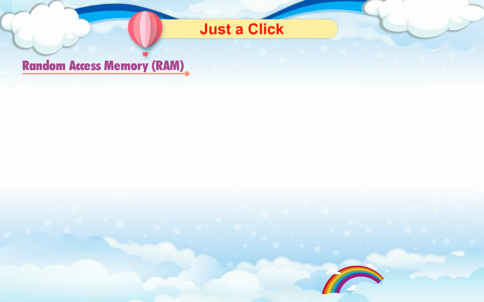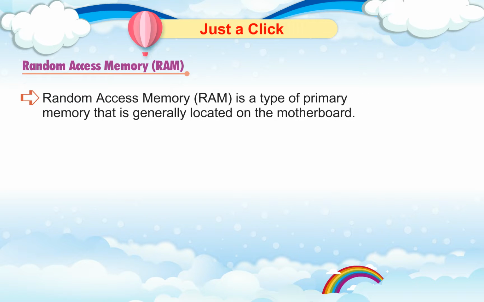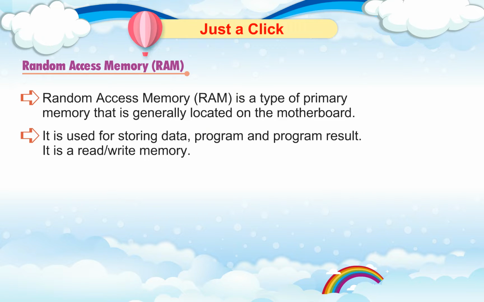RAM, random access memory. Random access memory is a type of primary memory that is generally located on the motherboard. It is used for storing data, programs and program results.